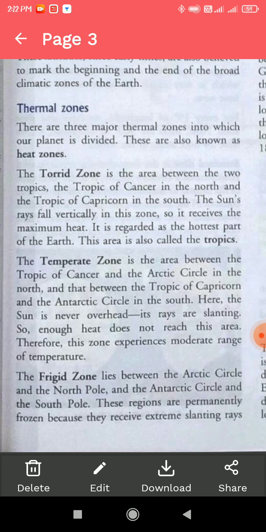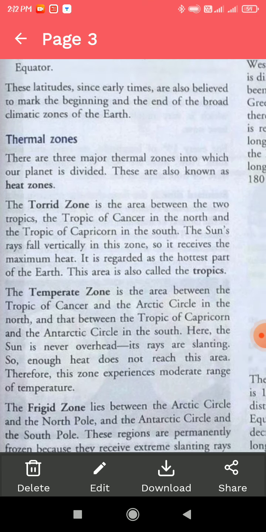First, we will discuss the torrid zone. The torrid zone is the area between two tropics, the Tropic of Cancer in the north and the Tropic of Capricorn in the south. The sun rays fall vertically in this zone, so it receives maximum heat. It is regarded as the hottest part of the earth. This area is also called the tropics.